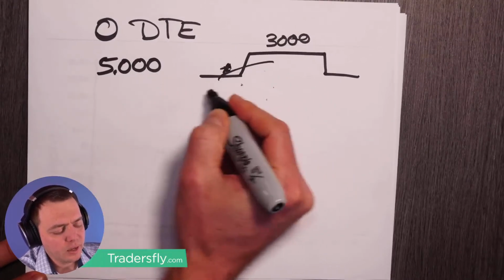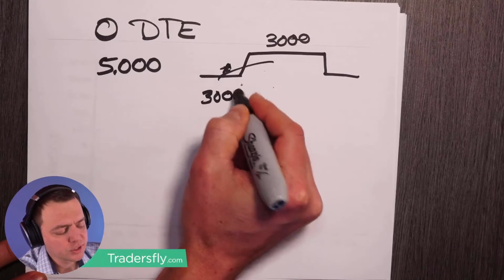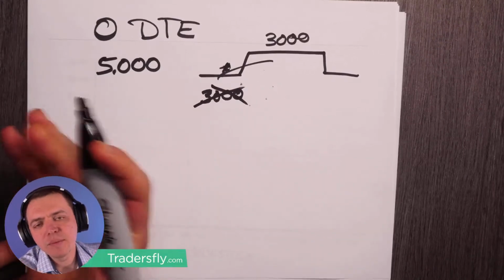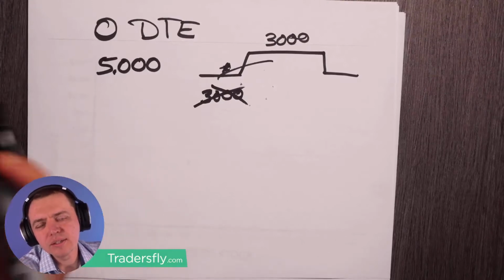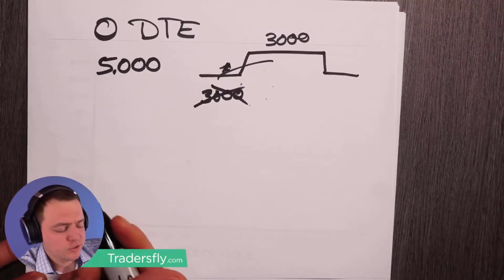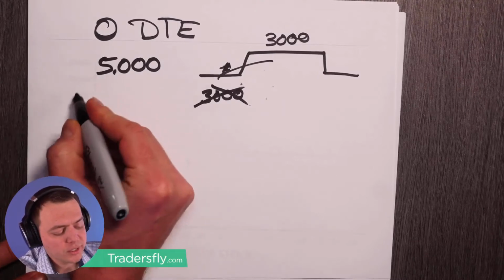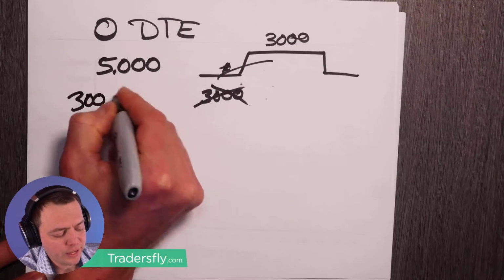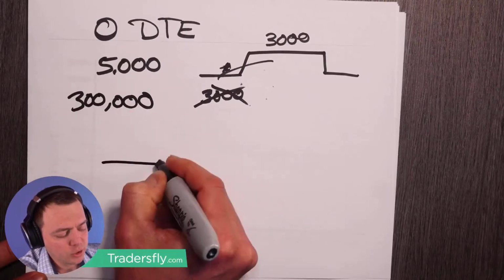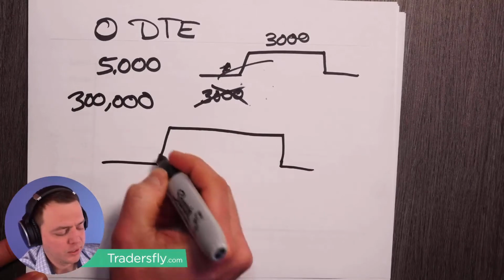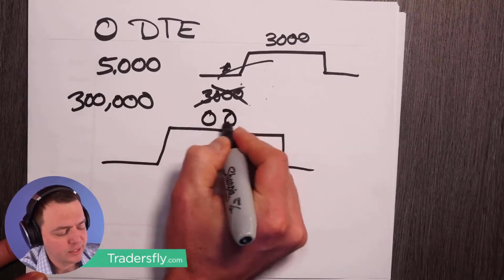If you lose, let's say, $3,000, that sucks. But $3,000 can come back quick enough, right? In the real world, you go to work and yeah, it hurts, but it can come back to you. Now let's go a little larger. Let's say a $300,000 account, and you put all your money into an iron condor that's 0 days.